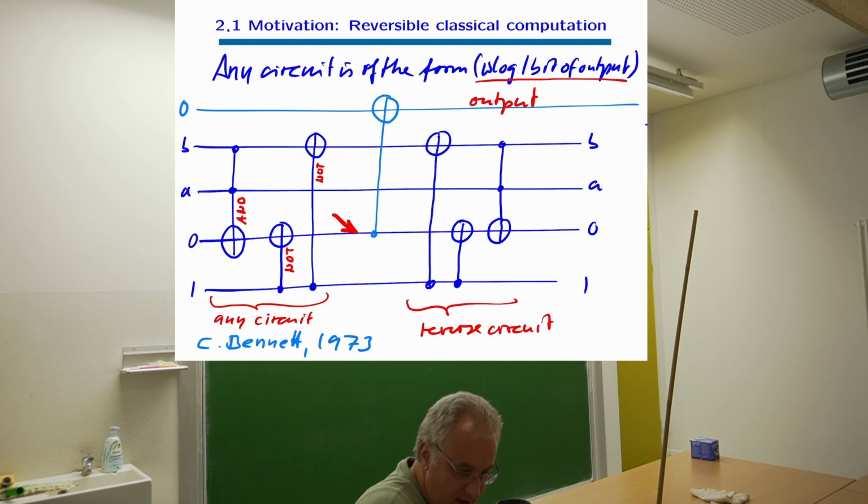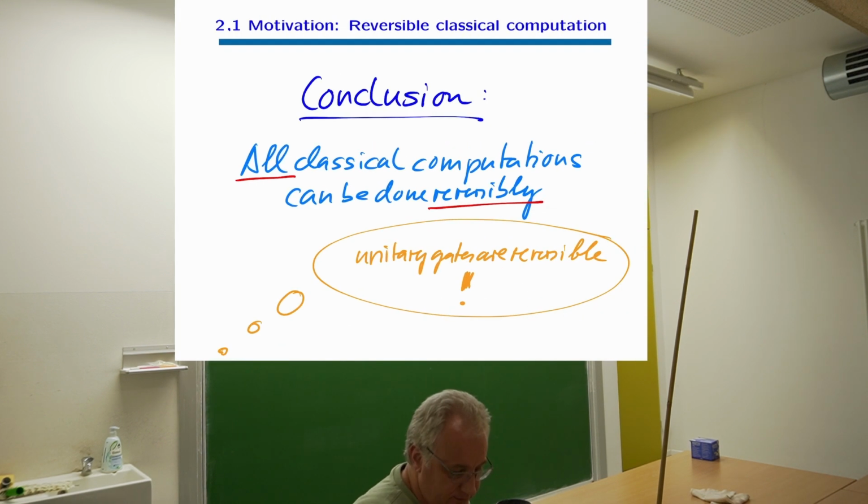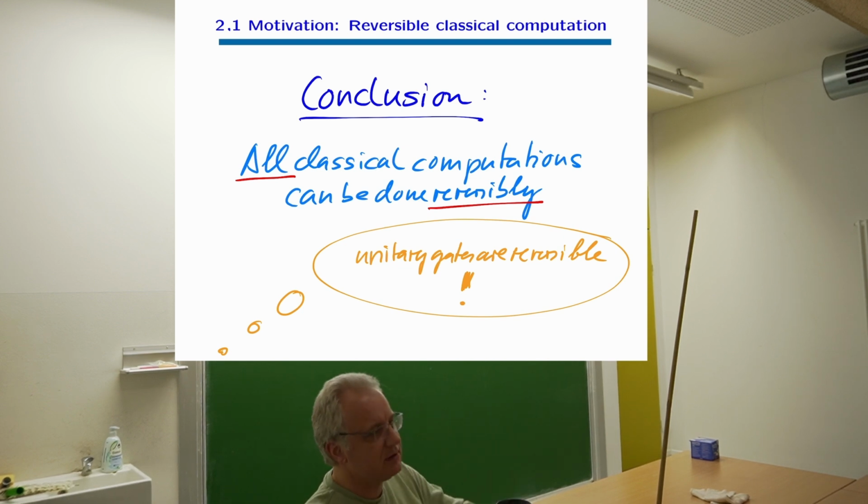And that is the connection to the circuit model. So here's, in fact, a slide with that very conclusion. This is the reason why we talked about the Bennett trick here in a course on quantum computation. It puts your focus on reversible operations, and reversible operations in the quantum world are unitary operations.